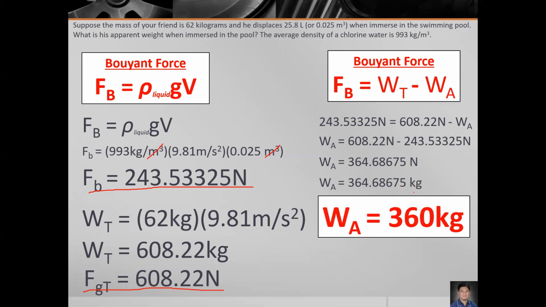And that is how to solve for the buoyant force and the apparent weight or true weight of an object while it is immersed in the water and while it is not yet immersed in the water. Okay, so that is for the buoyant force. And that ends our discussion for today.